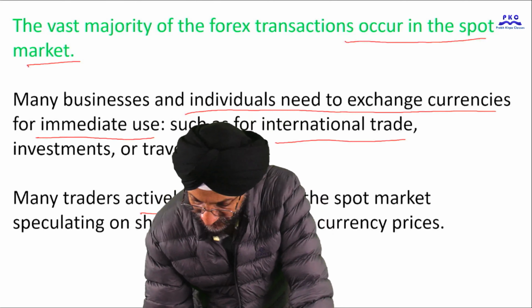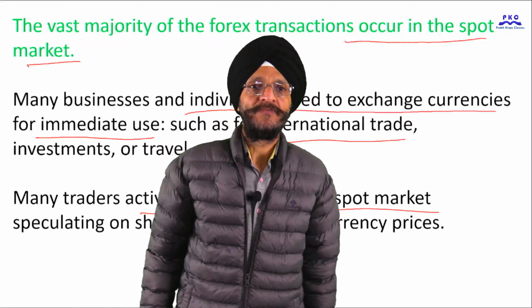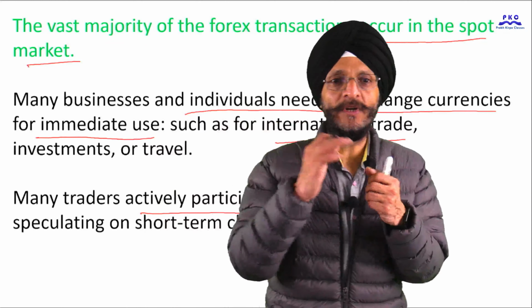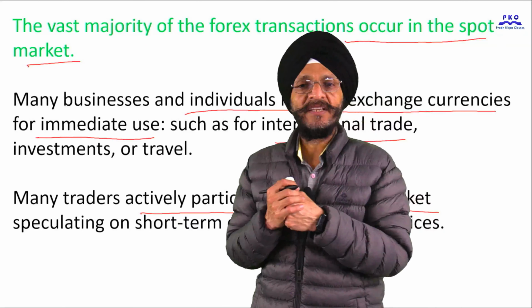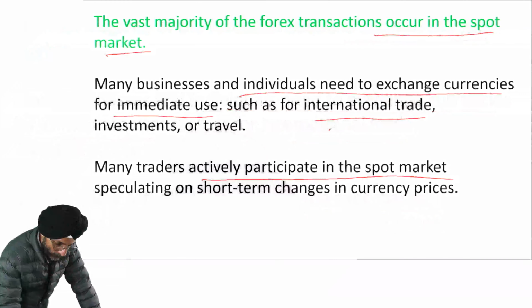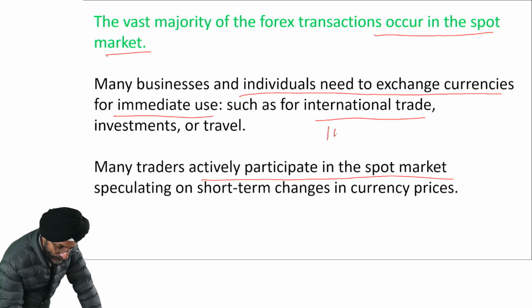Many traders actively participate in the spot market. Who are those traders? They are speculators. Suppose today $1 is equal to 83 Indian rupees.